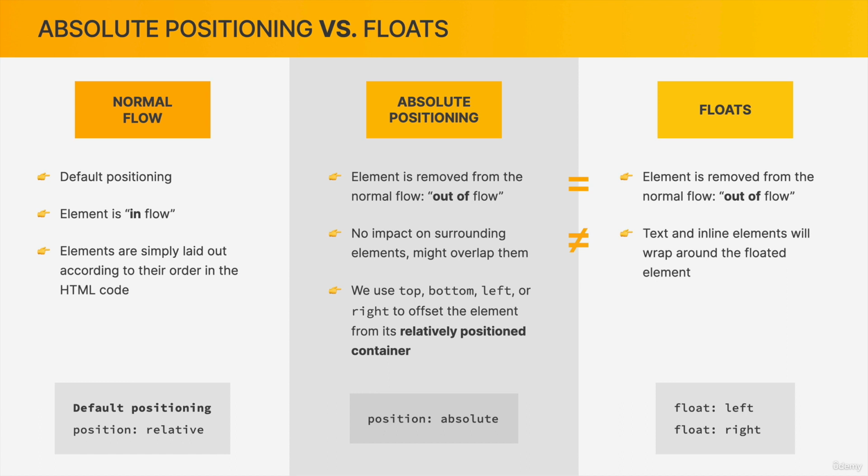Finally, one important characteristic of floats is that the container element will simply not adjust its height to the floated element. And so this is exactly the reason why in the last example that we just saw, that container element collapsed its height.